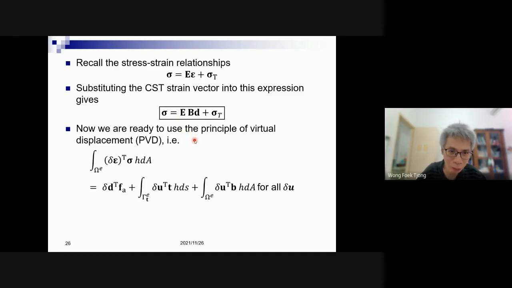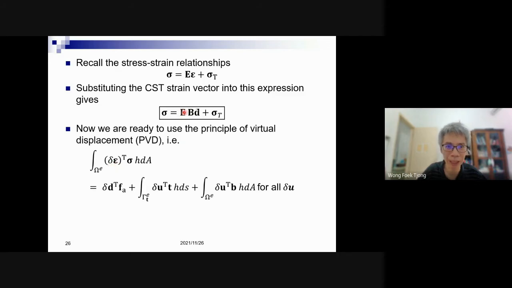Now we are ready to use the principle of virtual displacement after defining all this. So this is our weak form. Recall that this is our weak form. Now we are ready because we have defined sigma, and we have defined virtual displacement and virtual strain.